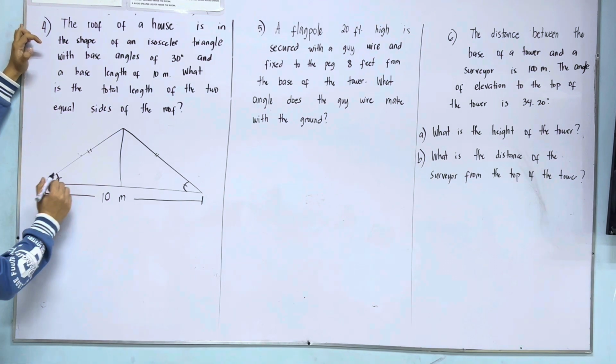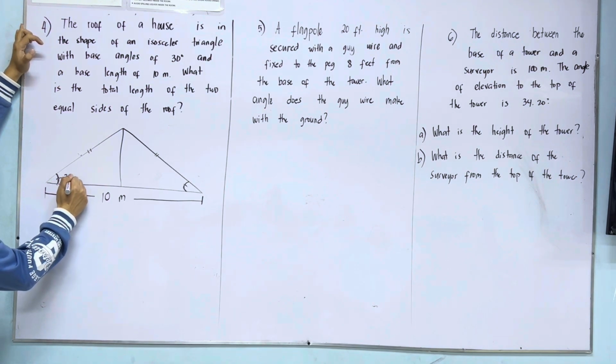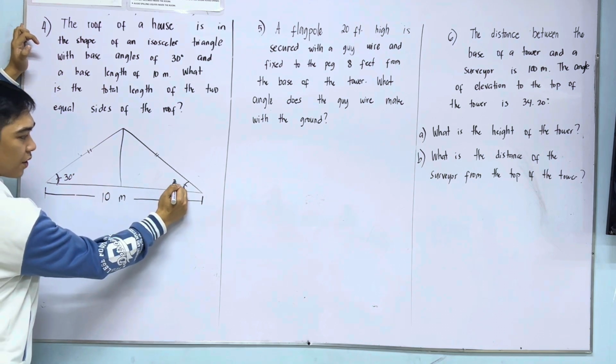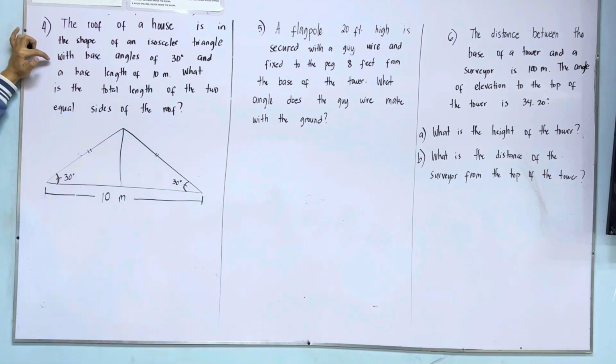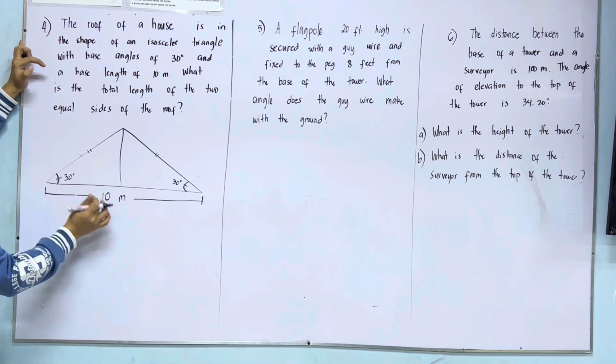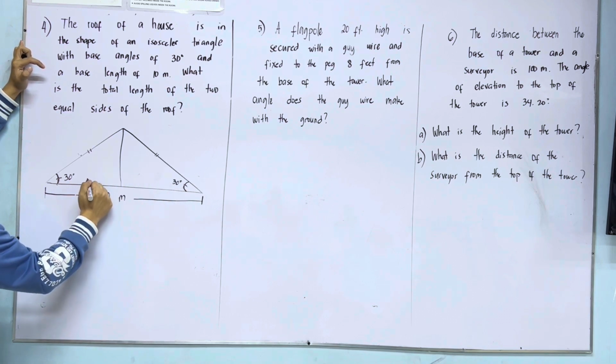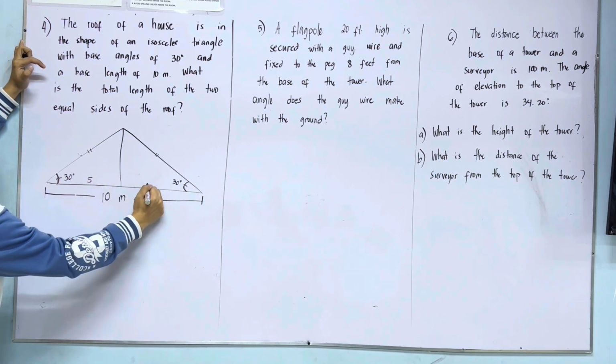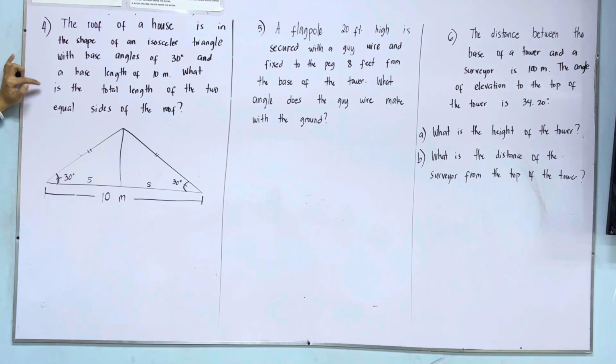Sa base angle. 30 degrees din to. And the base length of 10 meters. Divide natin sa 2. 5 and 5 meters. What is the total length of the two equal sides of the roof?